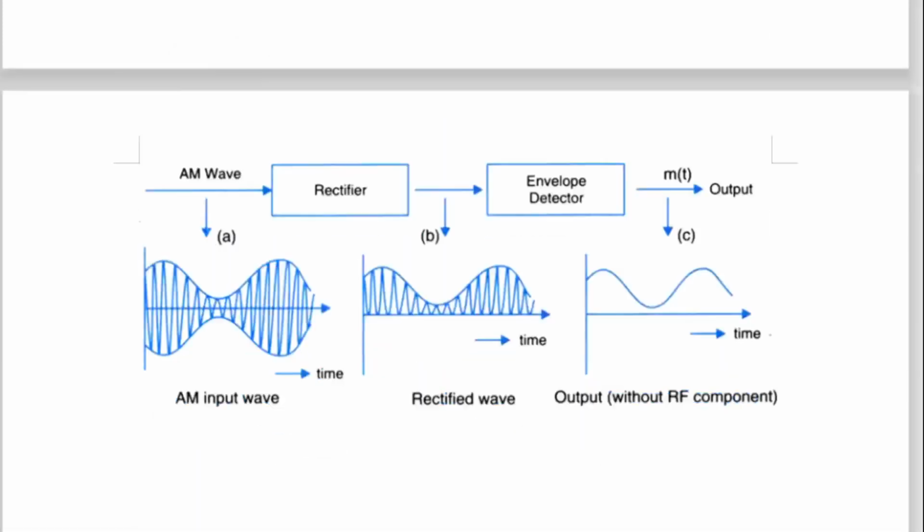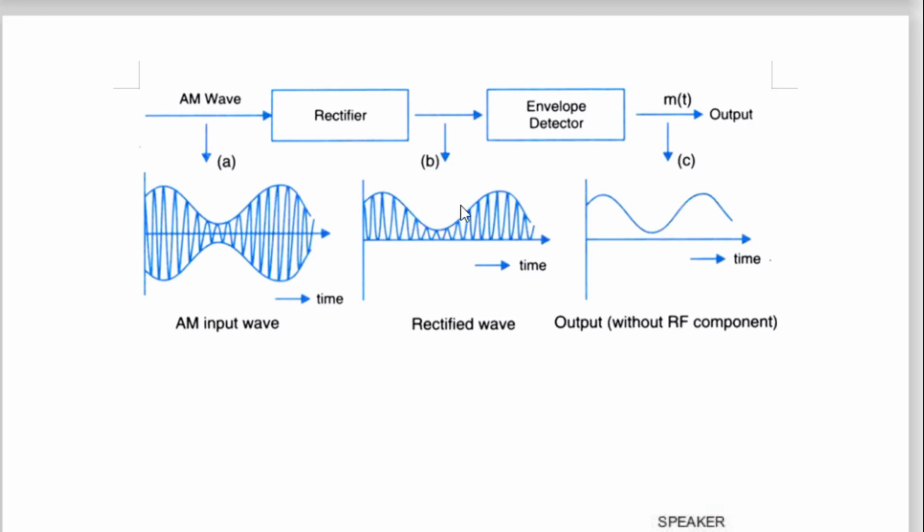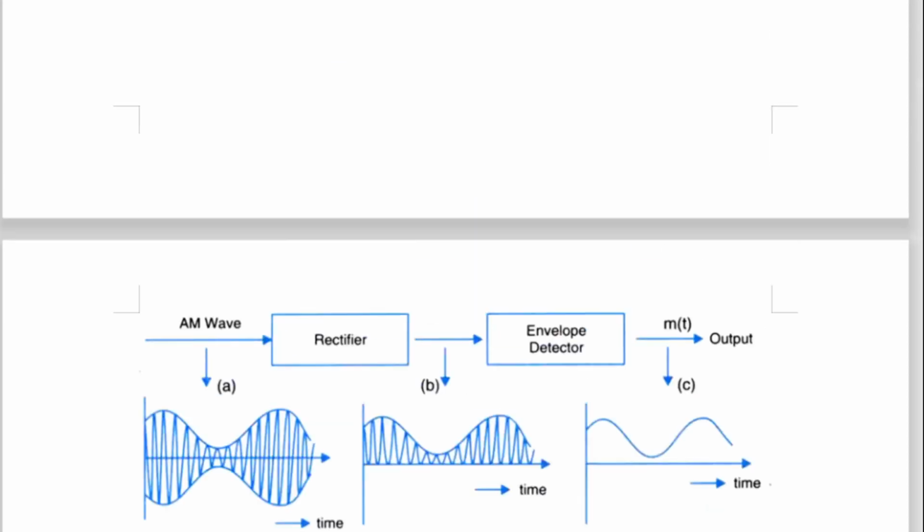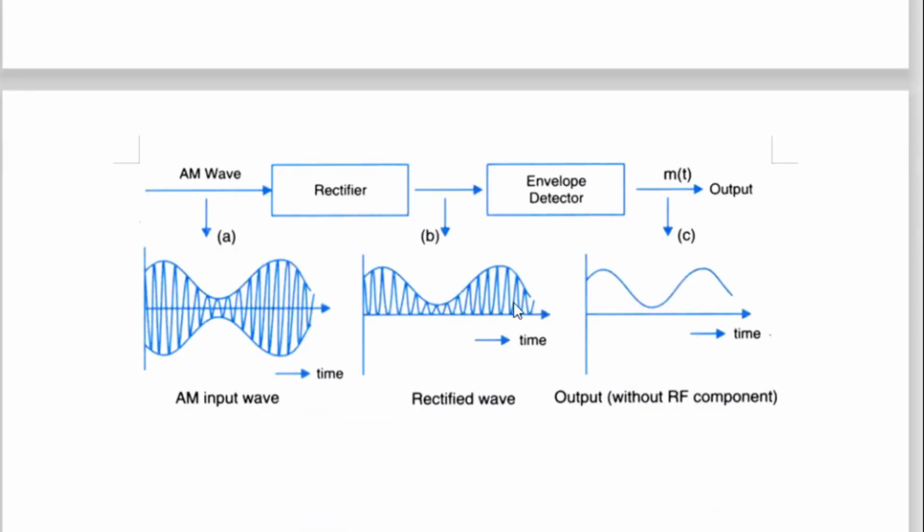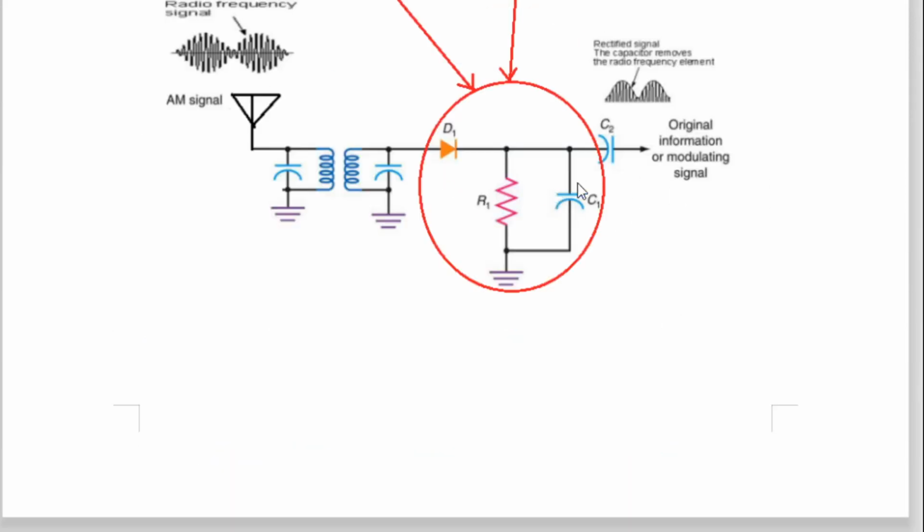In our envelope, the outer side edge is nothing but low frequency, so this low frequency will go to the output and high frequency will get grounded. This capacitor is very important, and it is called the envelope detector. And this diode along with the resistor is simply removing the negative part, meaning below the x-axis.